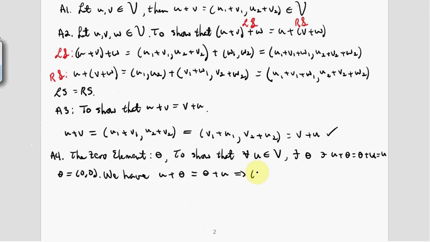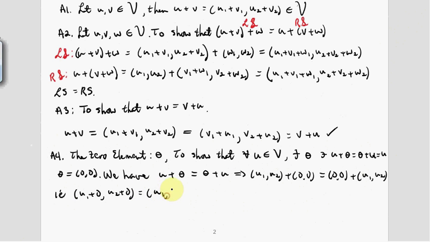This implies that u sub 1, comma, u sub 2 plus 0, 0 should be the same thing as 0, 0 plus u sub 1, comma, u sub 2. That is to say that here we have u sub 1 plus 0, comma, u sub 2 plus 0, which is equal to u sub 1, comma, u sub 2. That's equal to u. I think it's very straightforward.